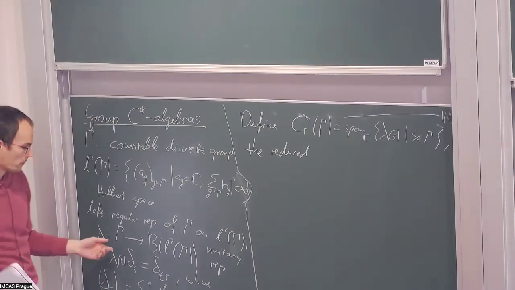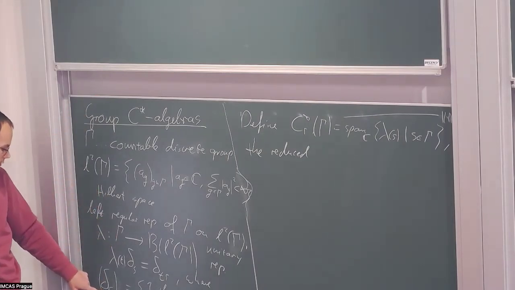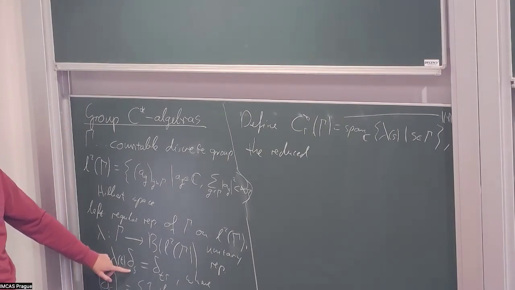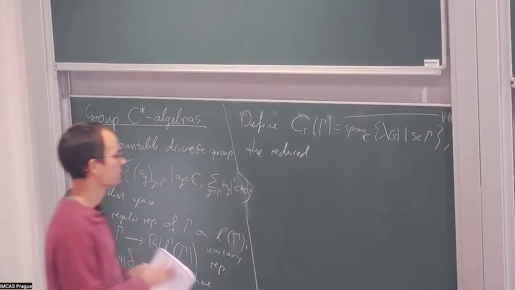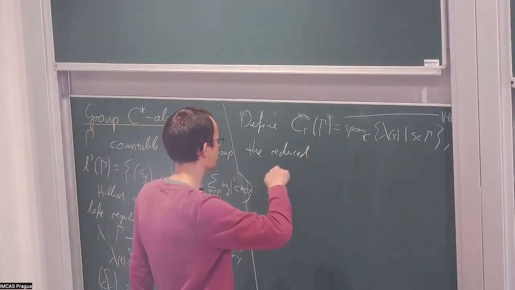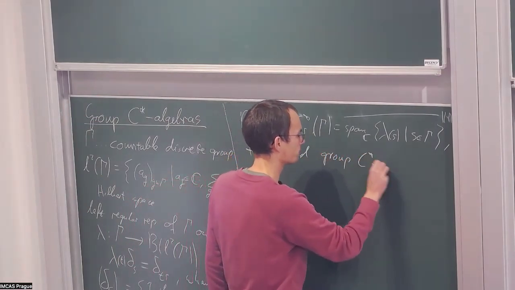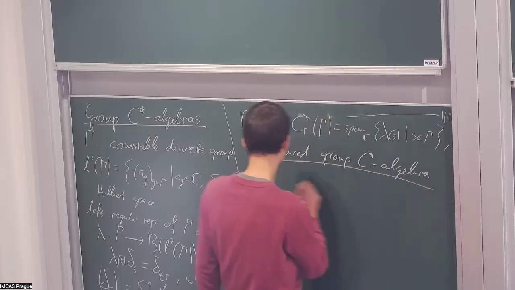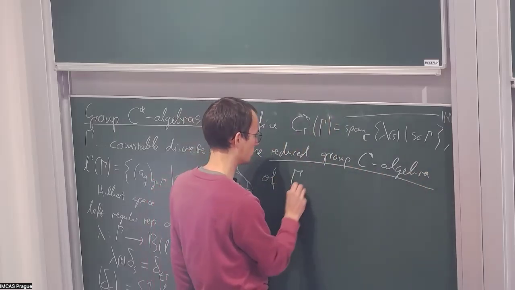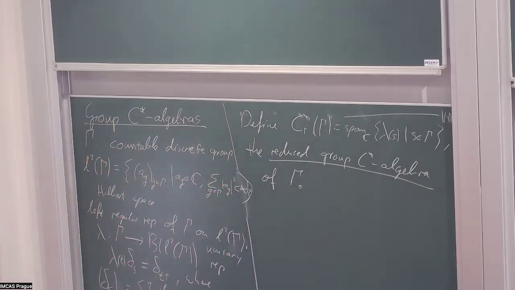I mean, you have this orthonormal basis, which are the deltas, and all we are doing is we're permuting these basis vectors, right? So that's definitely unitary. And yeah, then you can show that this is a C-star algebra, and this is called the reduced group C-star algebra. Okay, so this is the basic object that I think Tatwamasi is trying to understand.